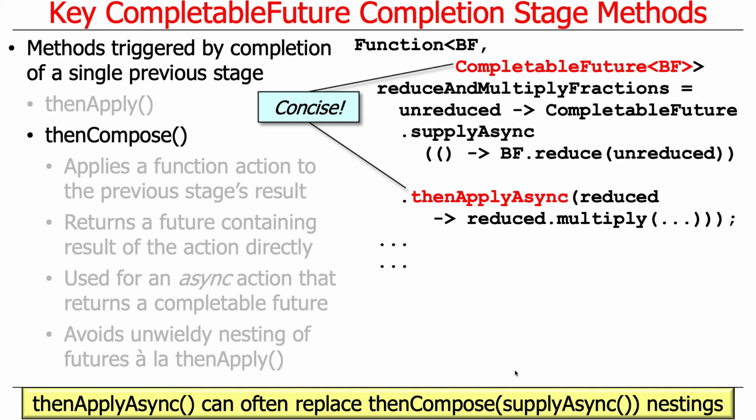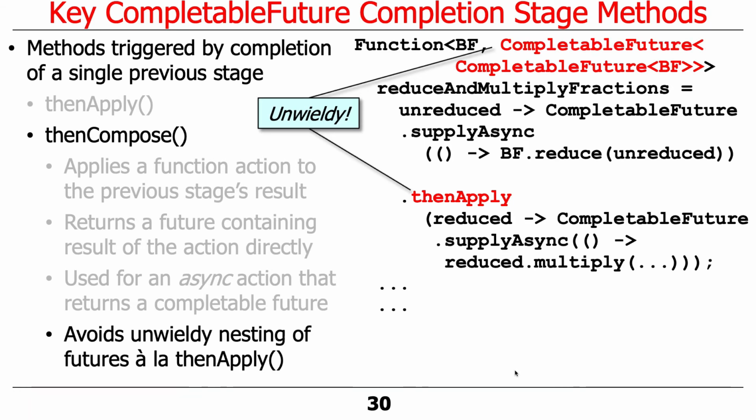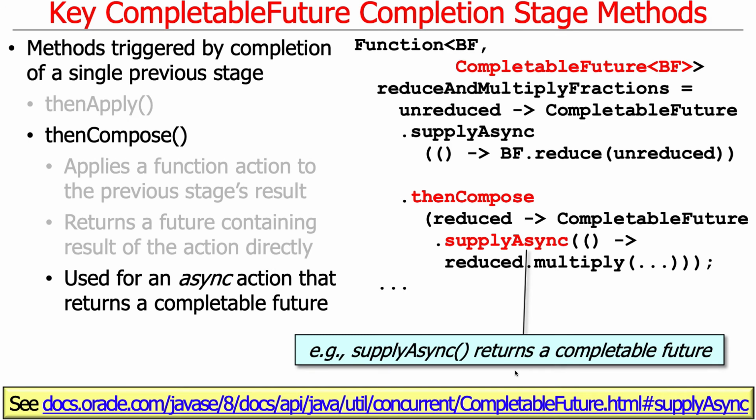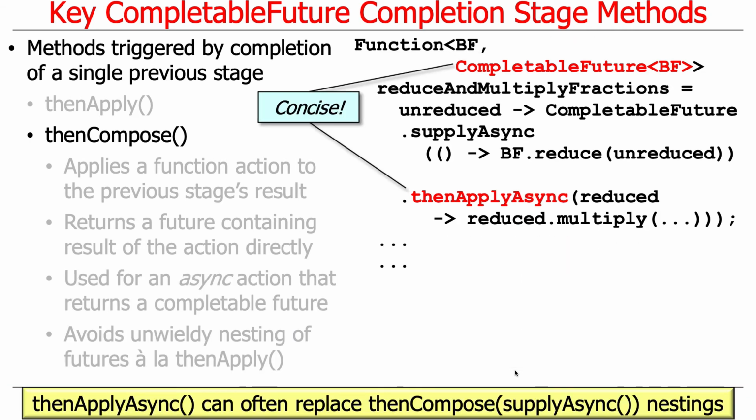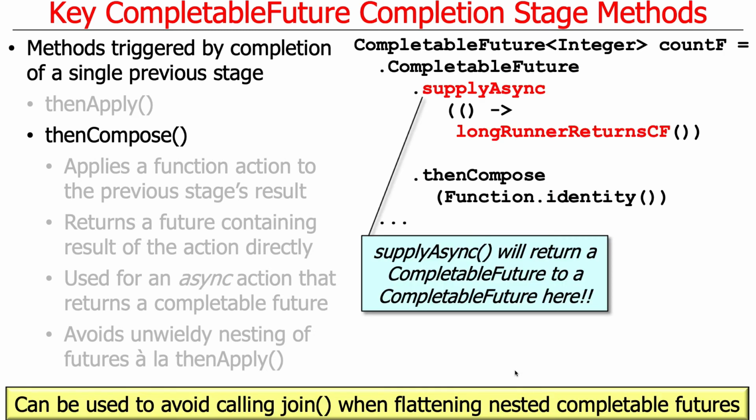So you can either do code like this, using then compose, where you run supply async asynchronously, or more succinctly, you can just say then apply async and get the same result. So then apply async can often be used to replace then compose supply async nestings. So I like this approach much better.